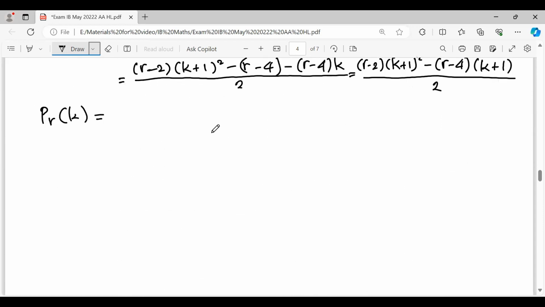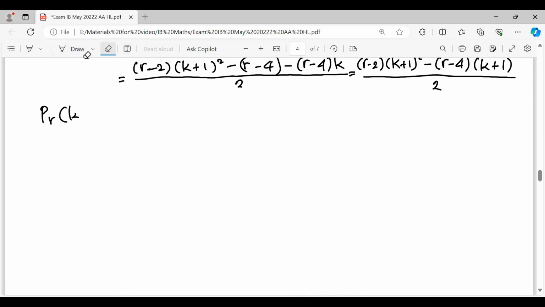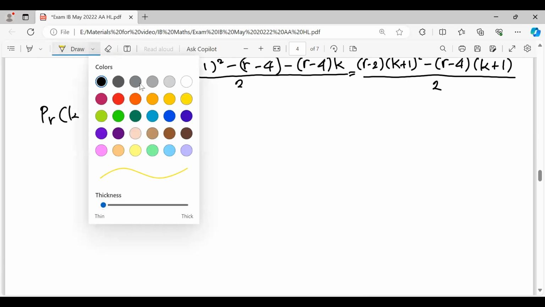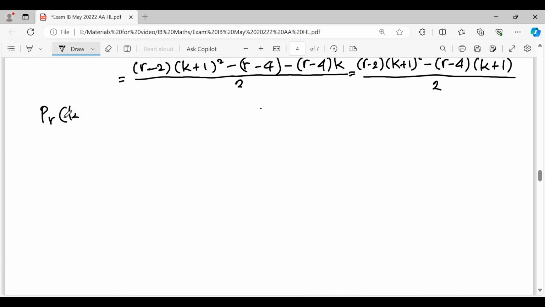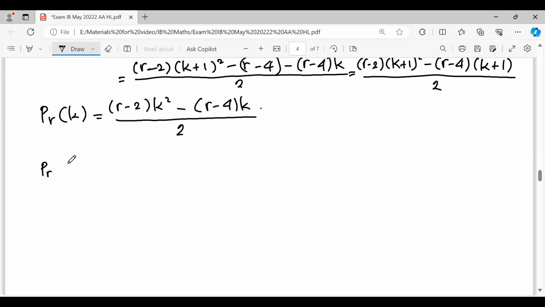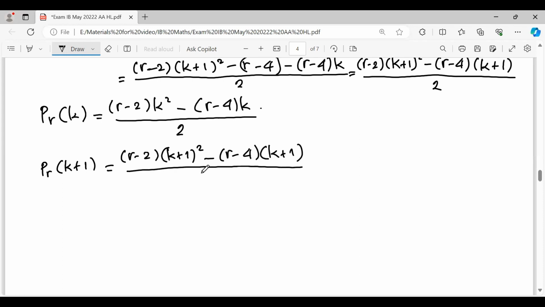If P_r(k) is (r minus 2)k squared minus (r minus 4)k over 2, then P_r(k plus 1) will be (r minus 2) times (k plus 1) squared minus (r minus 4) times (k plus 1) over 2.